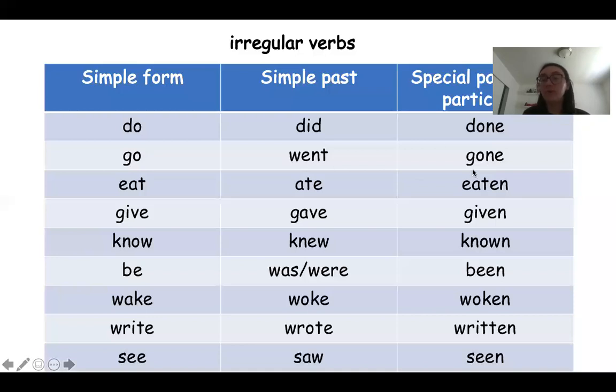Went and gone both are past tense, but went is just the simple past tense, and gone is the special past verb we use when we are using present perfect tense or past perfect tense or present perfect progressive tense or past perfect progressive tense. So all of these, just to look at them, here's the simple form, the simple past, and then the special past one.